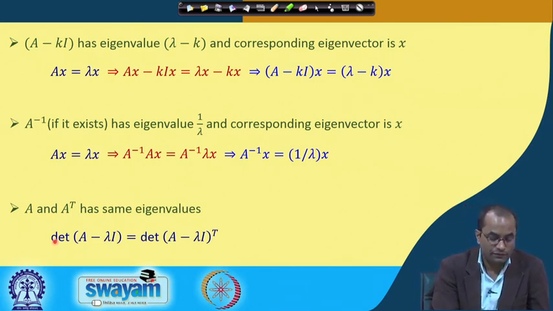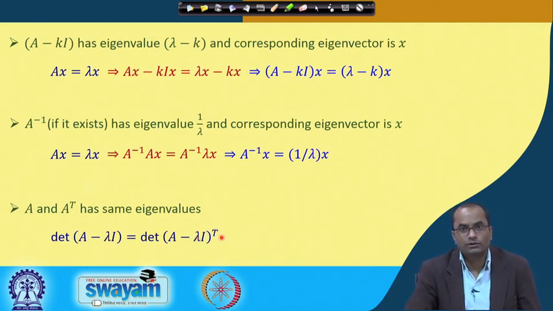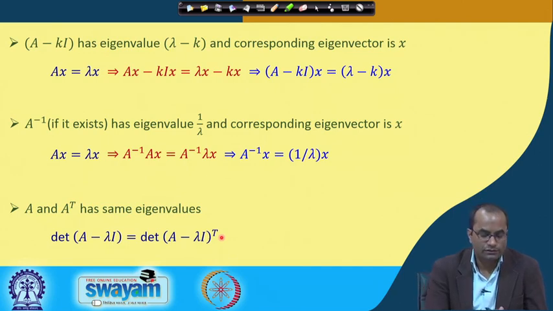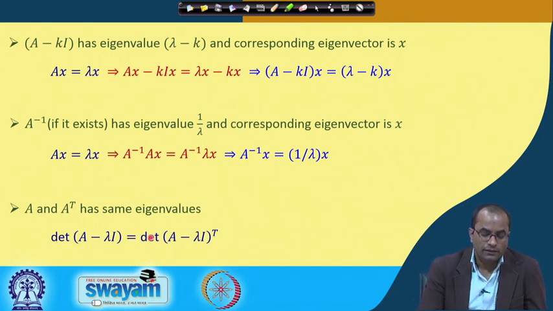Here, for this characteristic polynomial, we know the property of the determinant: the determinant of the matrix A minus lambda I will be the same as the determinant of its transpose. So, the transpose does not change the determinant of a matrix. That property we have used here: the determinant of A minus lambda I is equal to the determinant of the transpose of that matrix A minus lambda I.